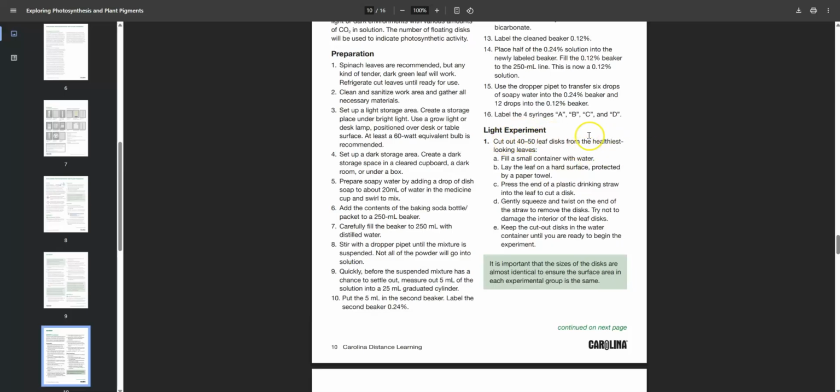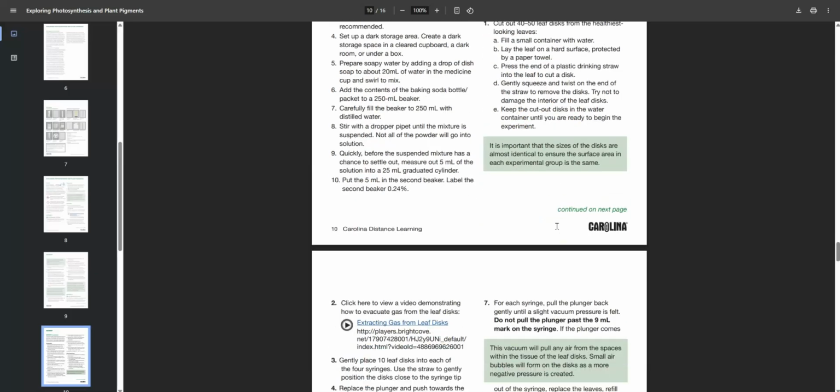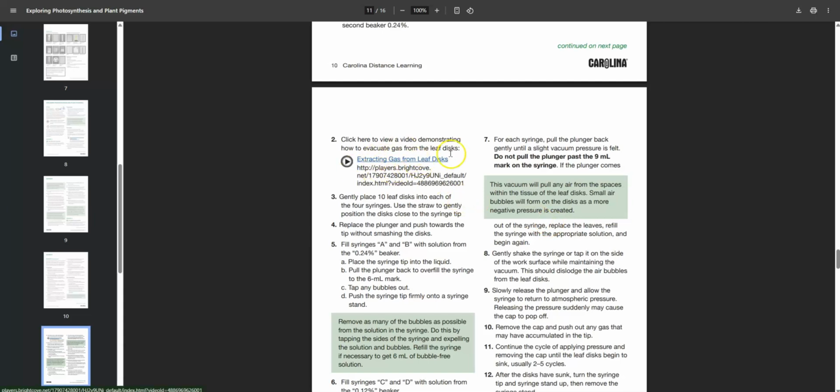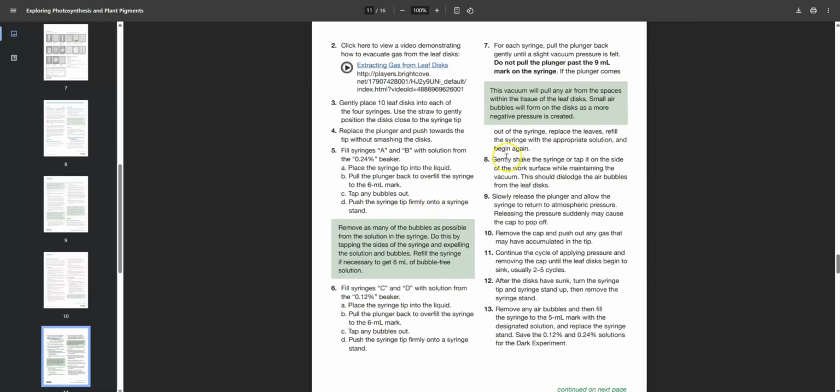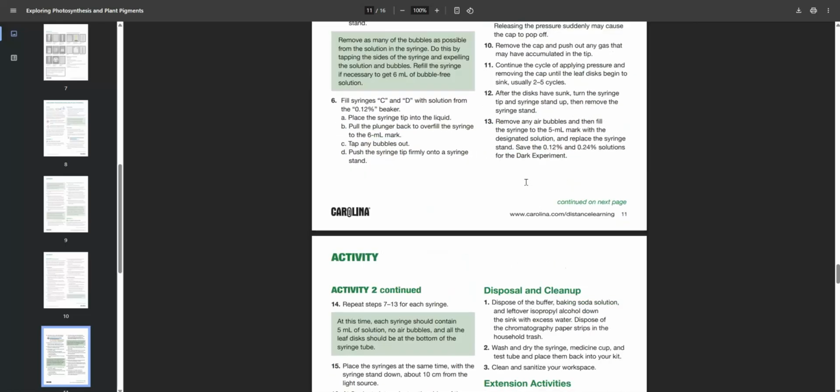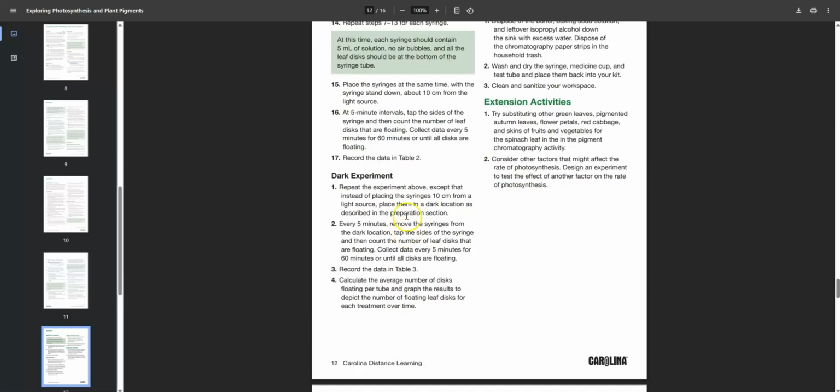So you're going to cut out leaf discs from the spinach leaves, and then you're going to be putting them into water and looking at the gas that becomes extracted from them. This will make a lot of sense whenever you watch this video, so make sure you do that. And then you will be looking at the dark experiment.